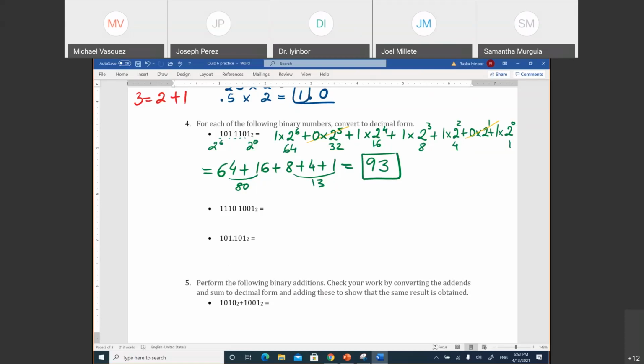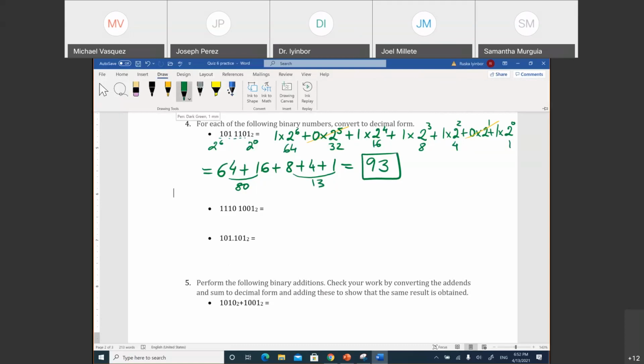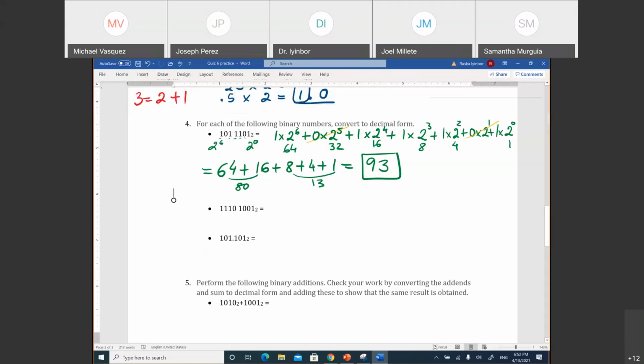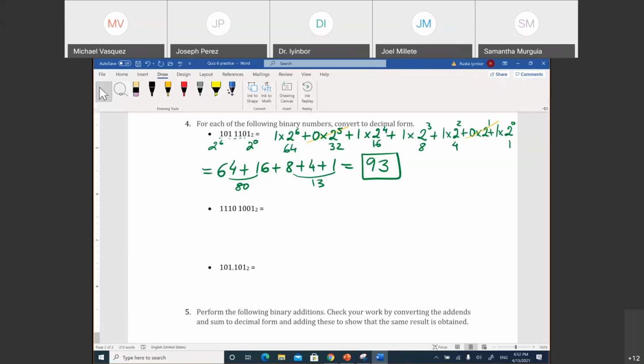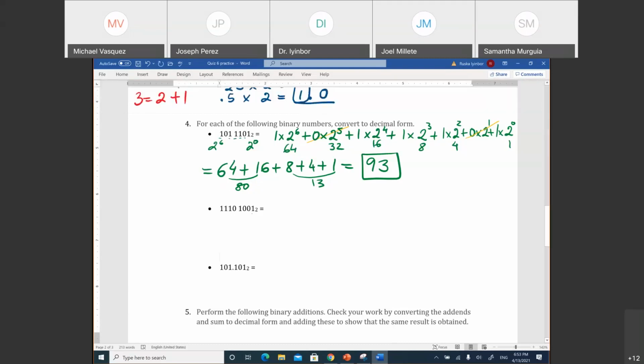Another way is if you get that little table we had with the power of 2. So I'm going to do the next one over here. I'm going to leave a little room. And we have, so I'm going to start with 2 to the 0.